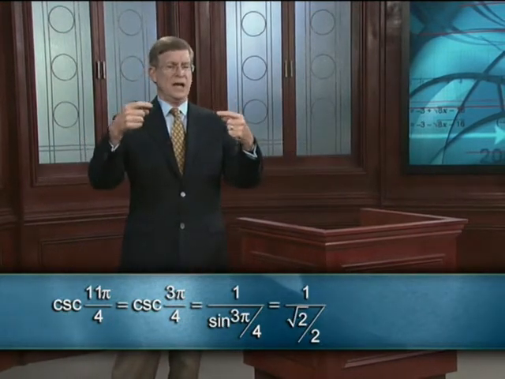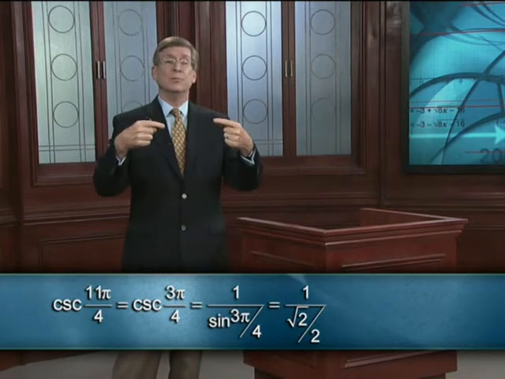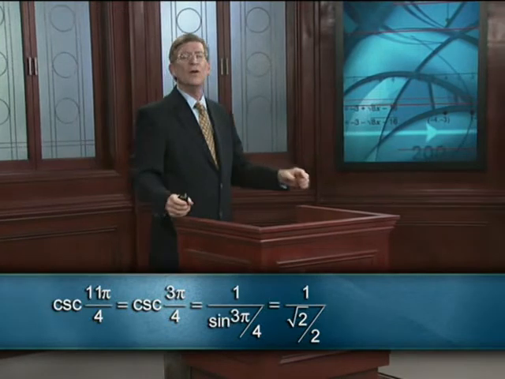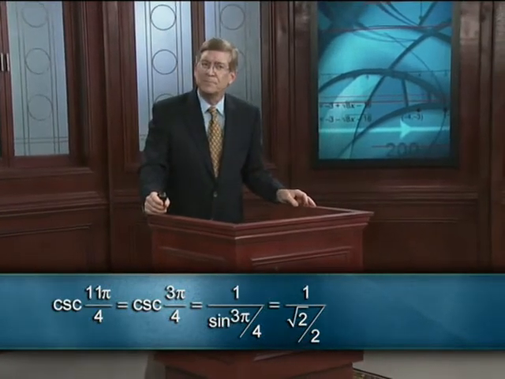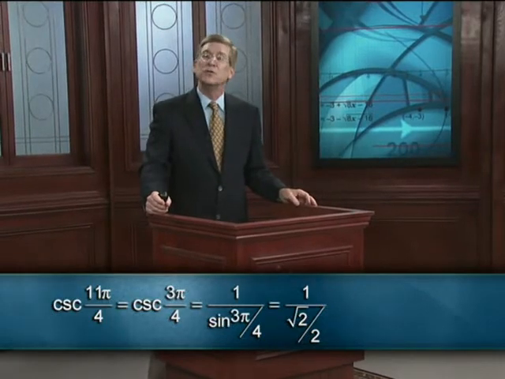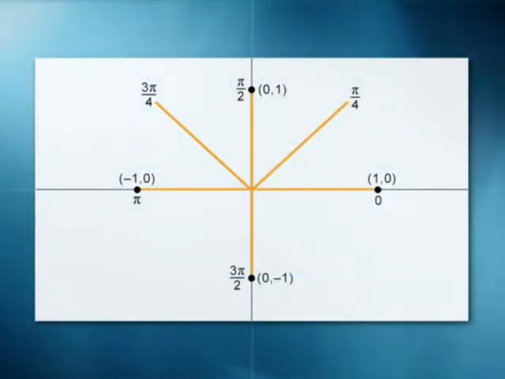What is the sign that I have to put in front? Well, where is this angle? Where is 3 pi over 4? Or if you want, 11 pi over 4. Ah, it's in quadrant 2. 0, pi over 4, pi over 2, which is 2 pi over 4, 3 pi over 4. It's in quadrant 2. So I use a plus sign because the y-coordinate is positive there.